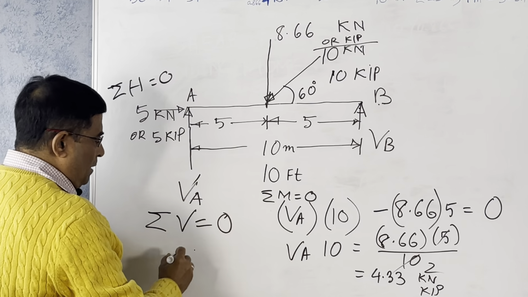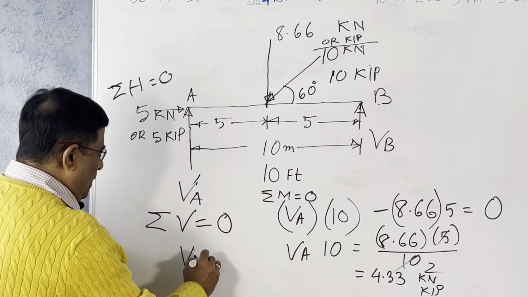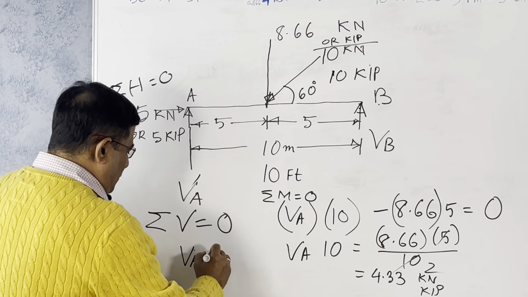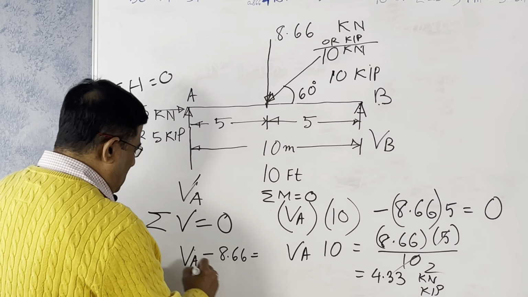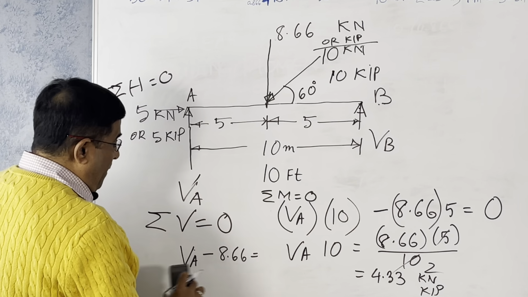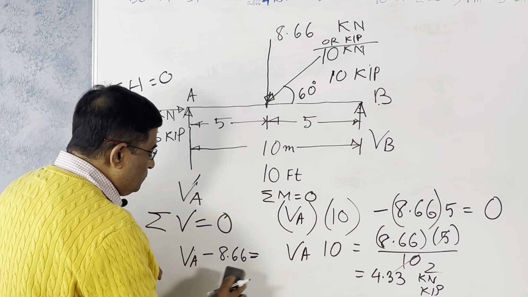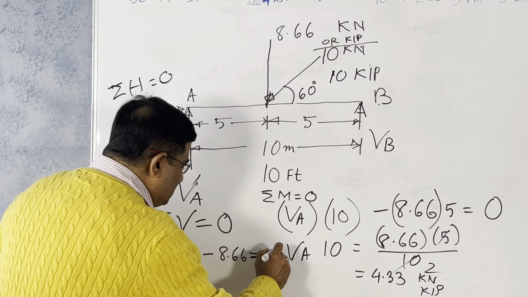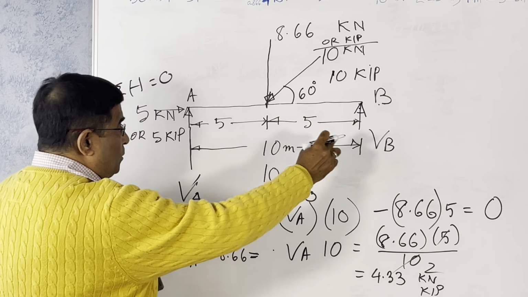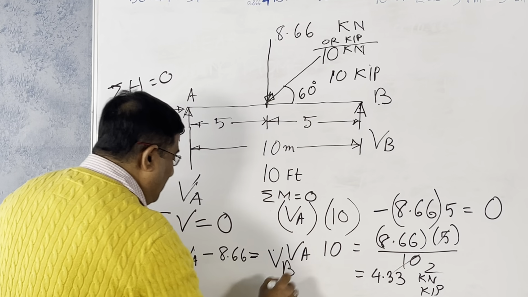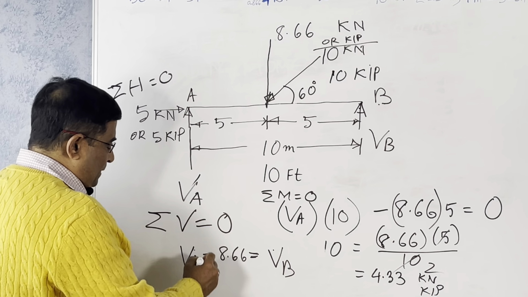RA, VA, and we find it is 4.33. So we get VA minus 8.66 equal to VB.